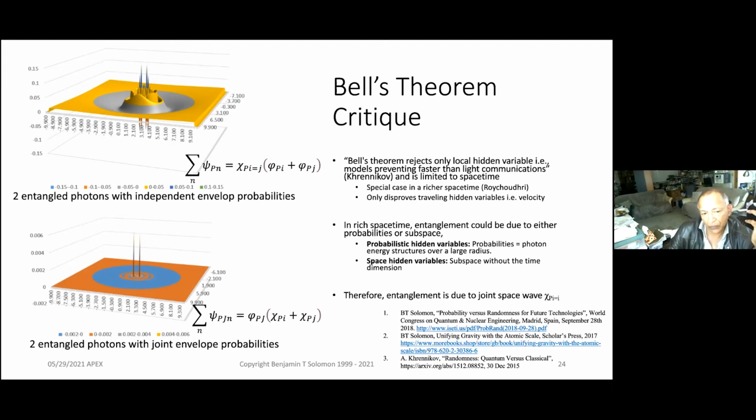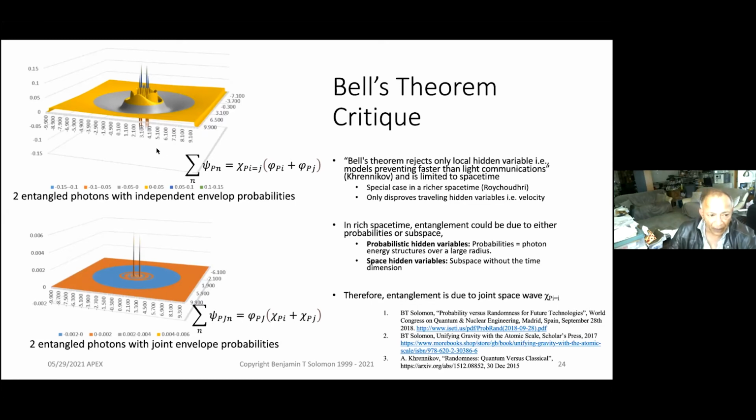So when you keep the space wave the same, this is a model. When you keep the space wave the same, but you change the envelope functions, have different envelope functions, then you get a diffraction pattern that looks like the figure in the top left hand side. But if you keep the space wave the same and the envelope functions separate, then you have two needle-like structures, which means you can tell which part of the photon structure is producing the entanglement.